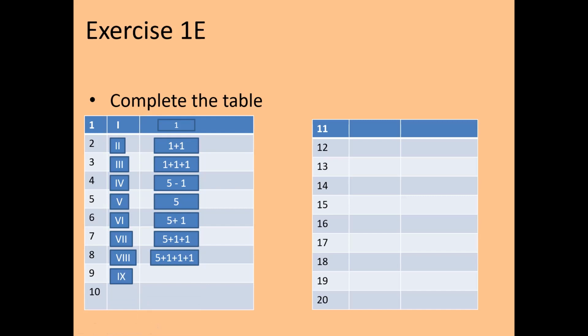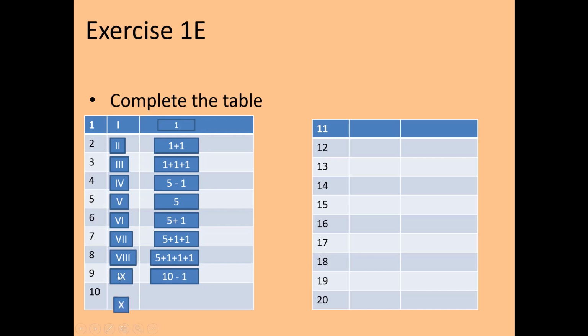As you know, X is 10 and I is 1. If the smaller number is on the left side, we subtract from the big number. So if you subtract 1 from 10, it will be 9. X is 10, and here we subtract 1.